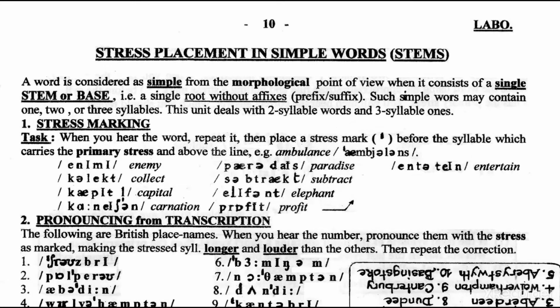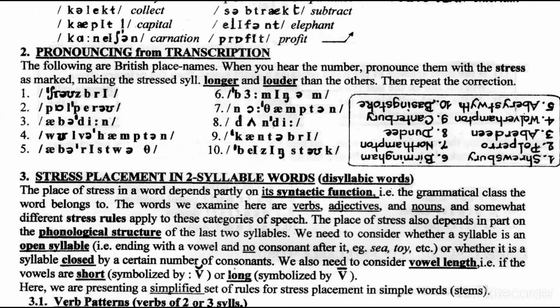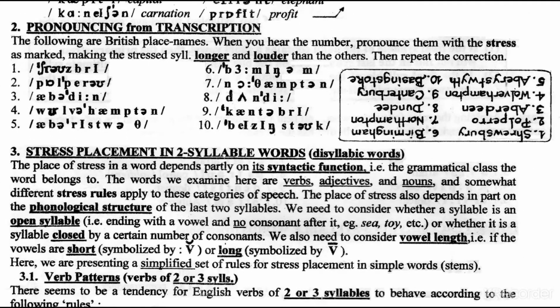Good. Now we move to the second task, where we have to pronounce some British place names, pronouncing from transcription. The following are British place names. When you hear the number, pronounce them with the stress as marked, making the stressed syllable longer and louder than the others.